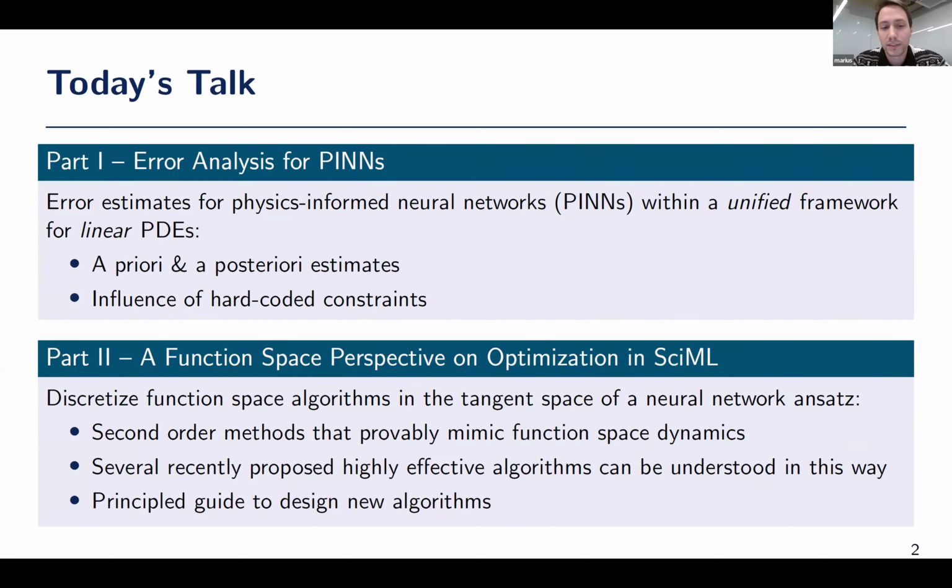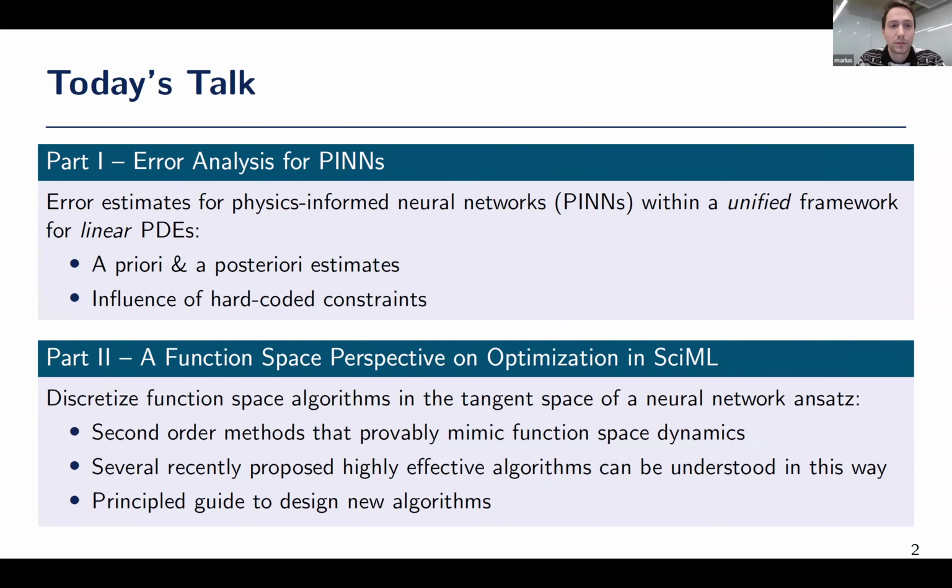We will focus on second-order methods that are motivated by function space methods and design them in a way that they mimic the function space dynamics. And we'll see that recently proposed methods that are very effective for these kinds of problems can be understood from this viewpoint. This will yield a guide for the design of new algorithms.